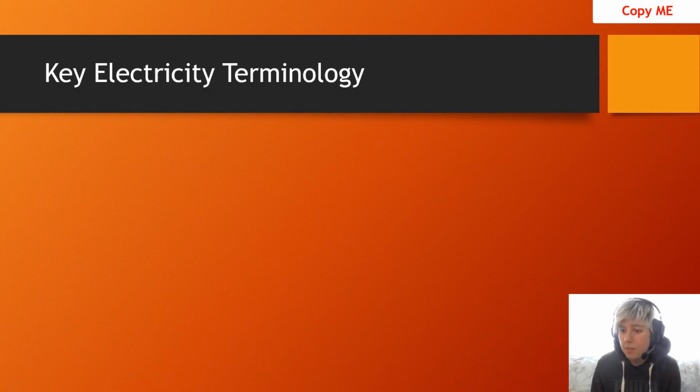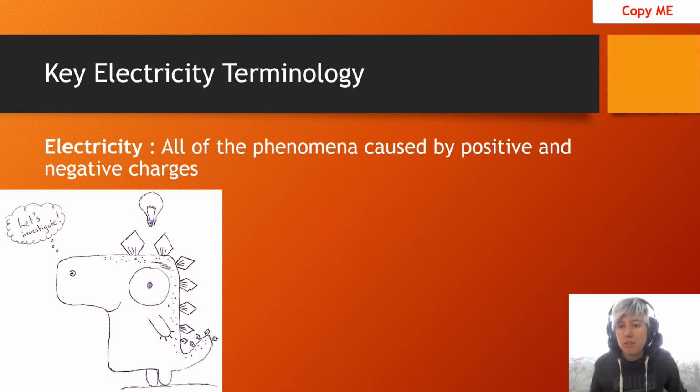Now, the first thing that we have to realize is that when we're talking about electricity, we need to actually define what the word electricity is. Electricity has to do with any phenomena that is caused by negative and positive charges.